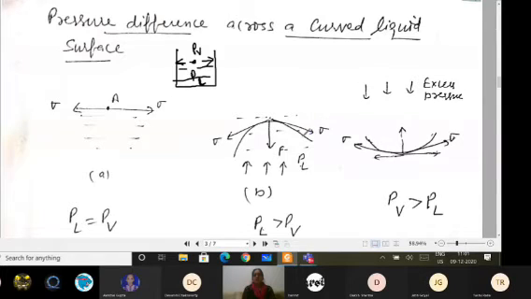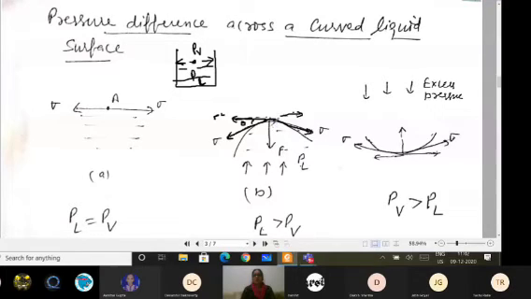So the shape of the meniscus is decided by the pressure difference. The surface tension is the tangential force acting perpendicularly. If you draw the tangent to get sigma and resolve it, taking this angle as theta, then sigma cos theta here and sigma cos theta there get cancelled, while the sin theta components get added.